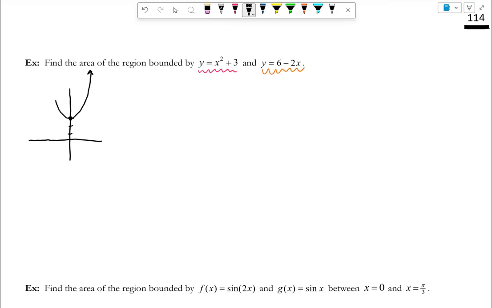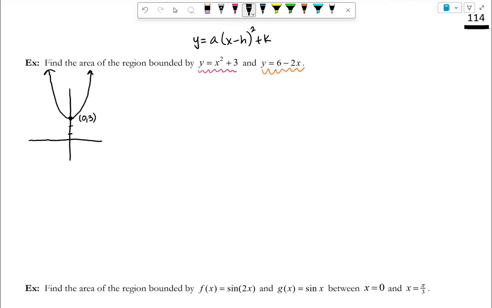So again, we could think of from Algebra 2 how we learn our transformations, that a would be our stretch factor, if there is one, h is our horizontal shift, and k is our vertical shift. So we have just shifted this parabola up vertically, and I might even label this as (0, 3).